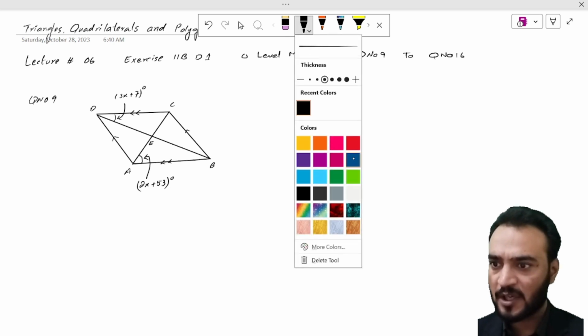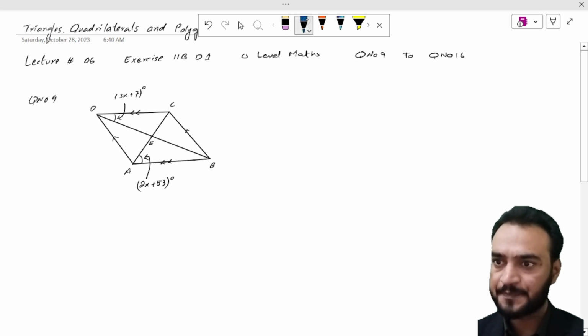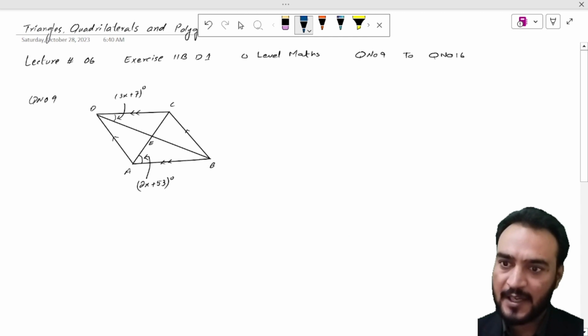I'm going to change the color of my pen. So if this angle BDC is 3x plus 7 degrees, then this angle is also 3x plus 7 degrees. And if the angle at point A towards the point B is 2x plus 53 degrees, then this angle is also 2x plus 53 degrees.